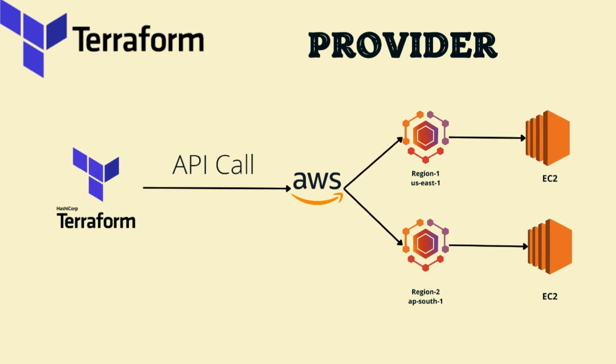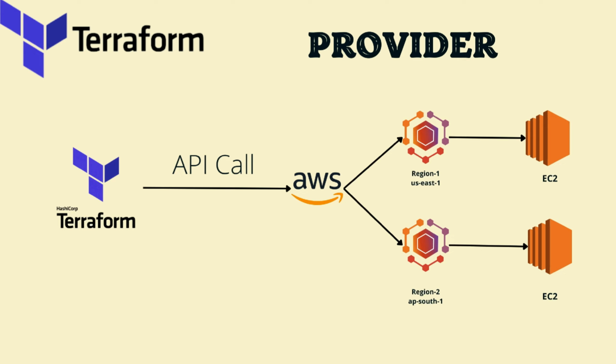Or if I need to create a machine in the Mumbai location, I'm going to use the Terraform provider for Mumbai. So it is going to create multiple machines for me in multiple regions. All that information I can mention in a single file. That is the Terraform provider.